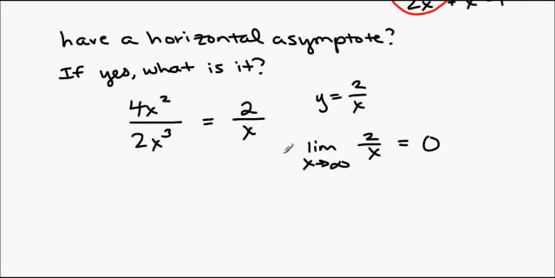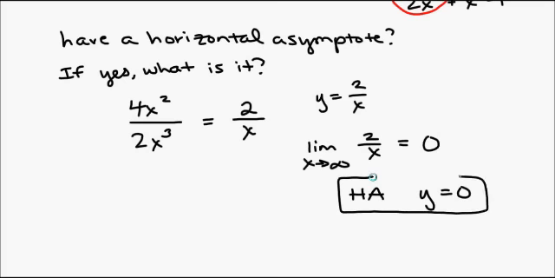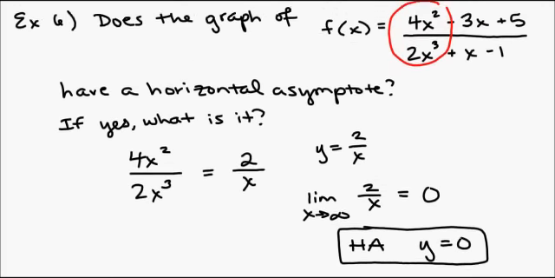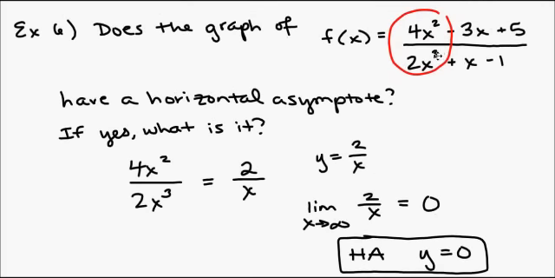And therefore, based on our previous definitions, we have a horizontal asymptote at y equals 0. You might also remember your shortcut. So if the x with the highest exponent is in the denominator, then your horizontal asymptote is automatically 0. And that would be a good shortcut to know also.